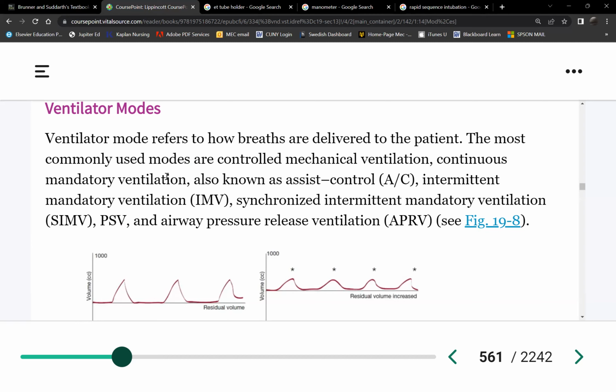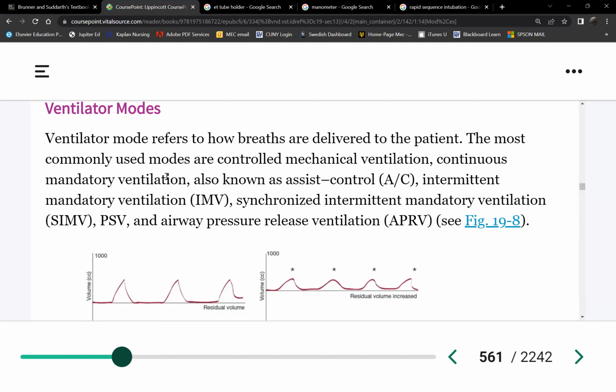What is that minimum again? It is based on the preset rate, right? So let's say if the operator puts in 12, how many breaths will the patient get? 12. Whether the patient breathes or not, how many breaths will they get every minute? 12. It will give 12, no matter what happens.